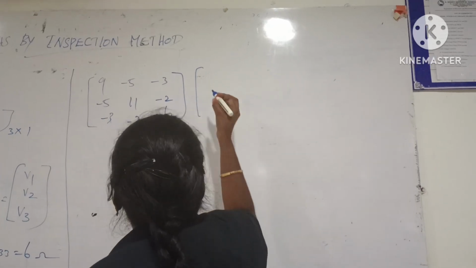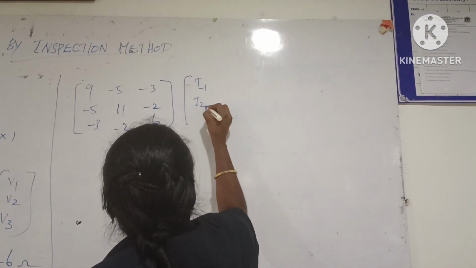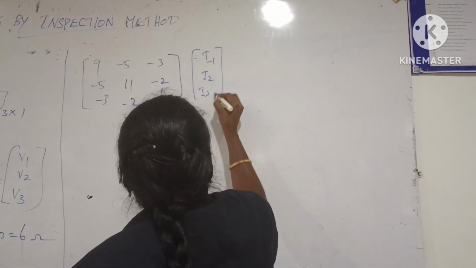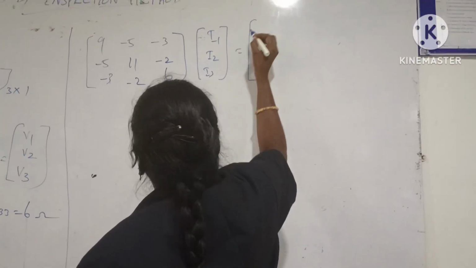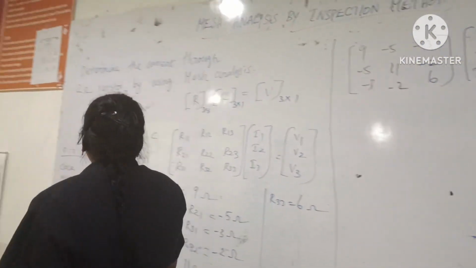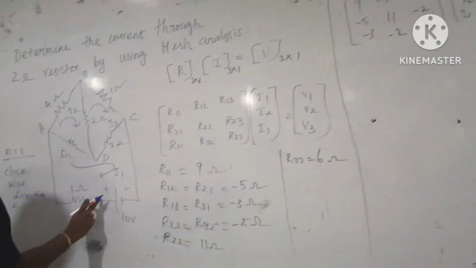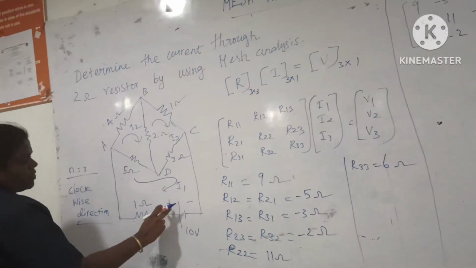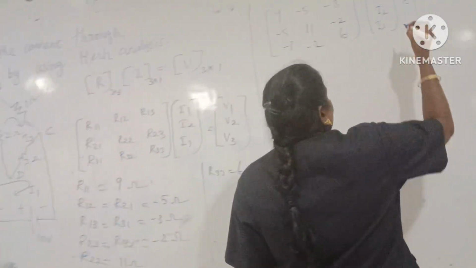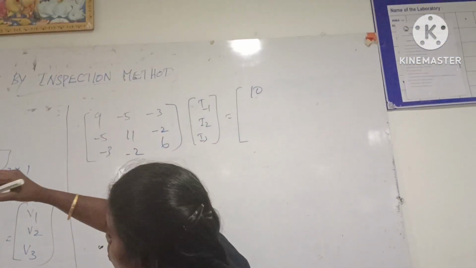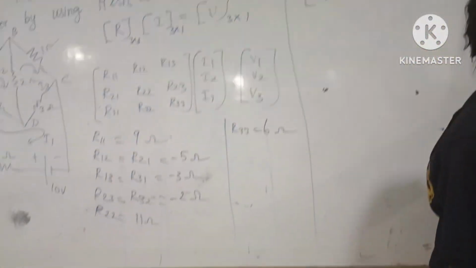Then I1, I2 and I3 equal V1, V2, V3, the voltage sources. For loop 1 the voltage source is plus 10 volt. In loop 2 there is no battery source, 0, and 0.